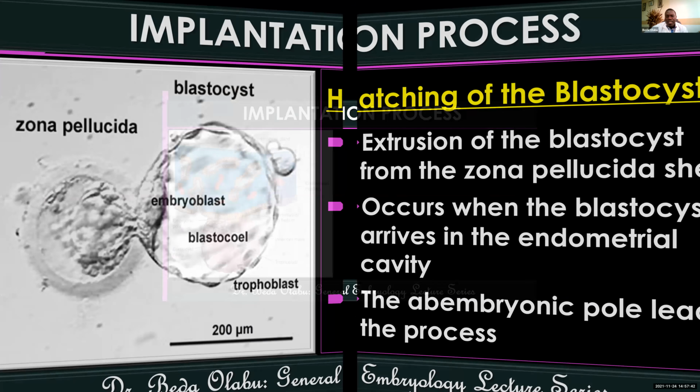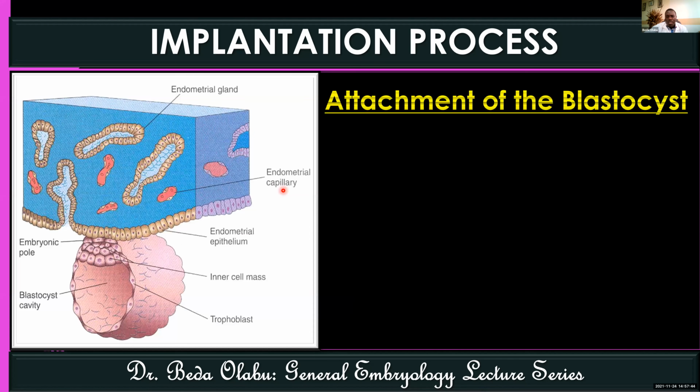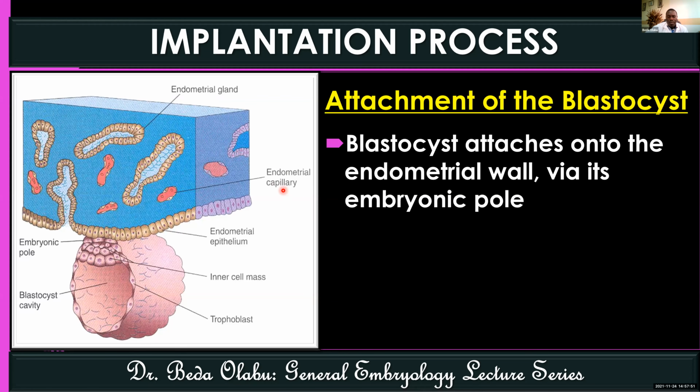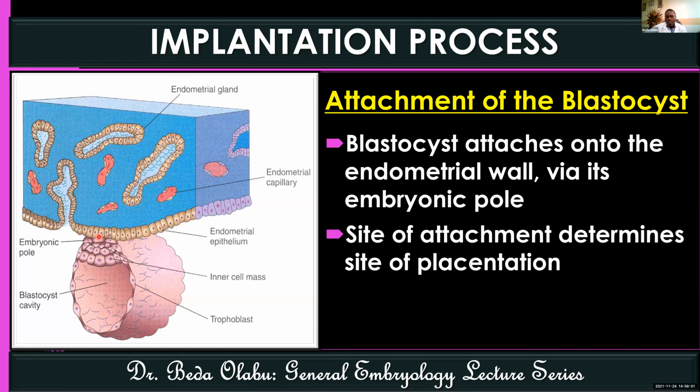After the blastocyst has hatched, it will then attach onto the endometrial lining. So we call that attachment. The blastocyst attaches onto the endometrial lining using the embryonic pole of the blastocyst. The site where the blastocyst will actually attach will determine where the placenta will actually be formed.